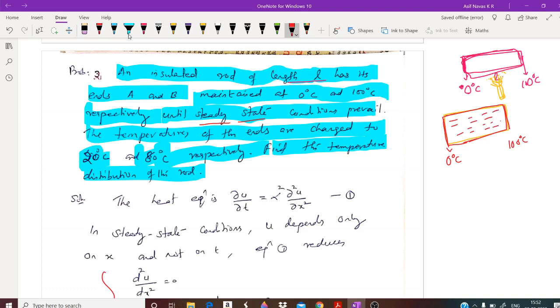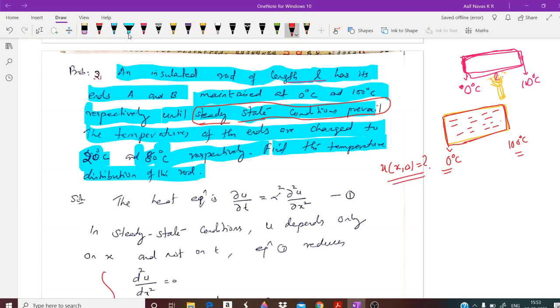Now, steady state means the temperature doesn't depend upon time. That is, u_t doesn't depend upon time. We have been given the endpoint temperatures, but we don't know the initial temperature on the rod.